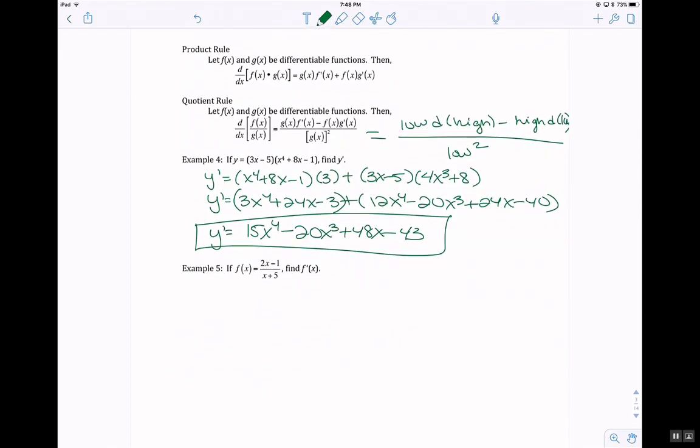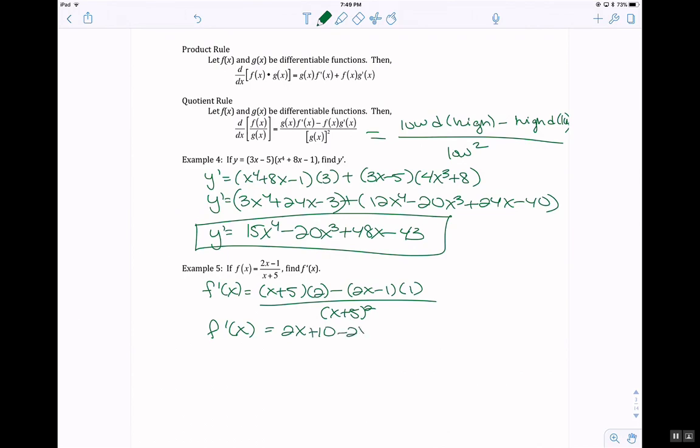So f prime is the denominator times the derivative of the numerator, which is 1, minus the numerator times the derivative of the denominator, which is 1, all over the denominator squared. So f prime of x, 2x minus 10, plus 10, minus 2x plus 1, because I distribute my negative sign to both terms, over x plus 5, the quantity squared.